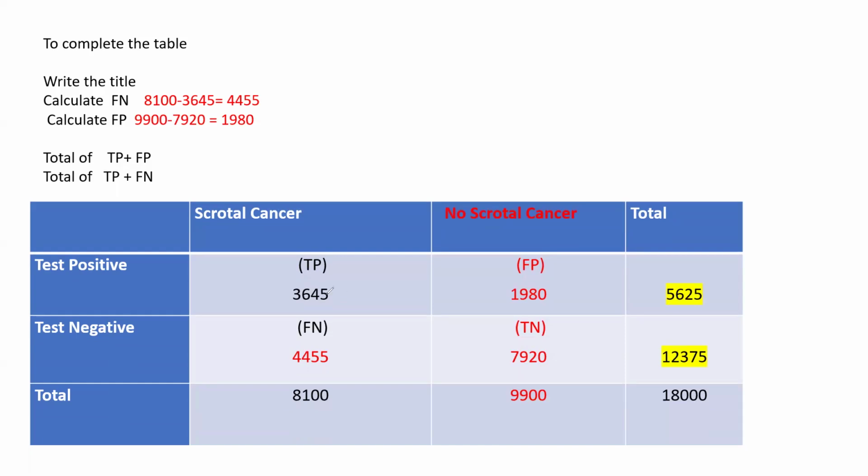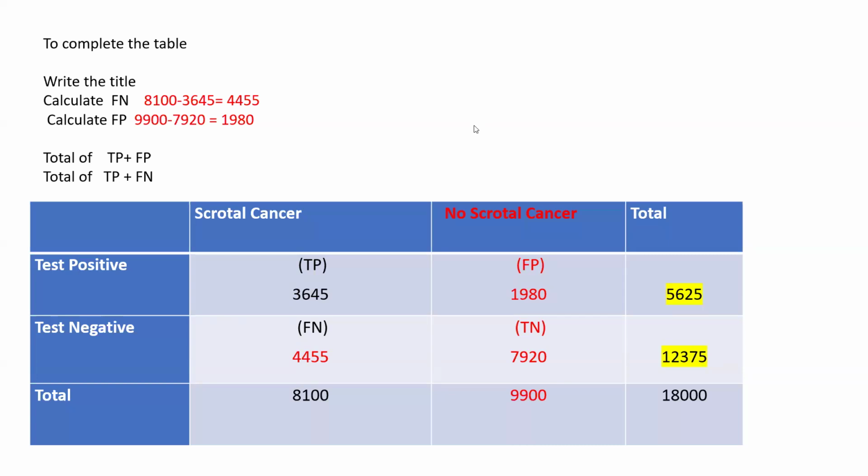So we have TP plus FP, and that total is 5,625. And then we have FN plus TN, which would give you 12,375. This would have completed your table with the exception that we don't have a title displayed.